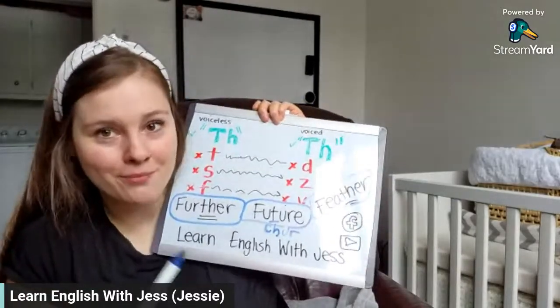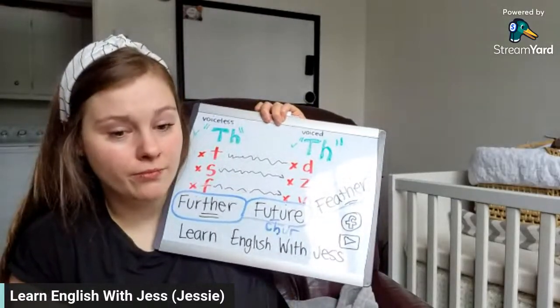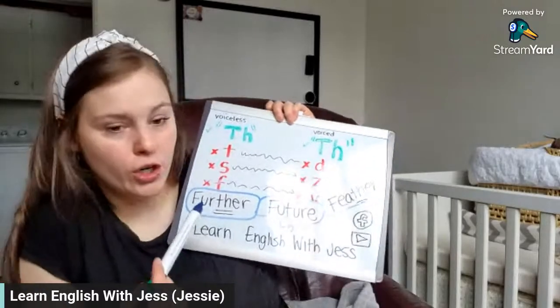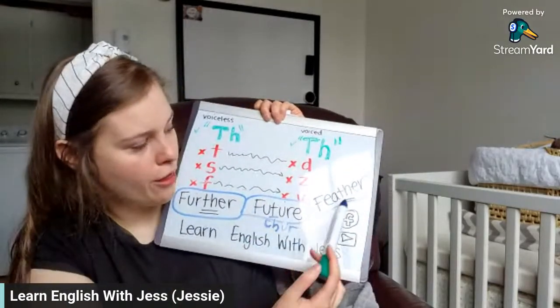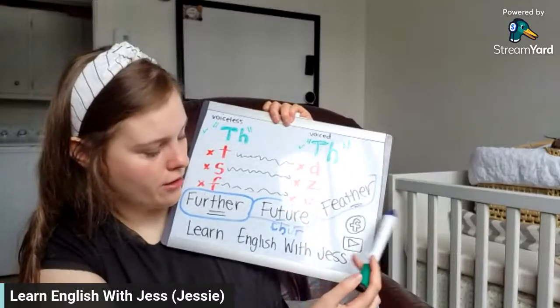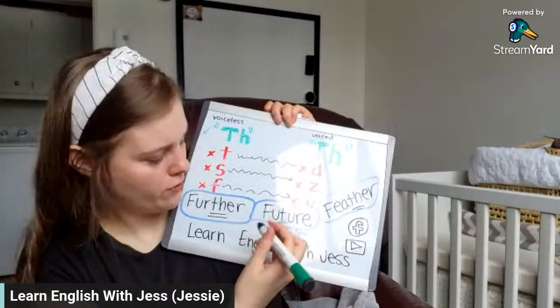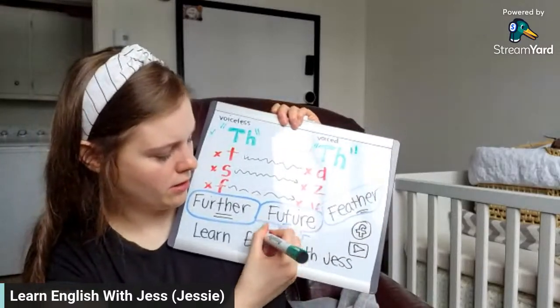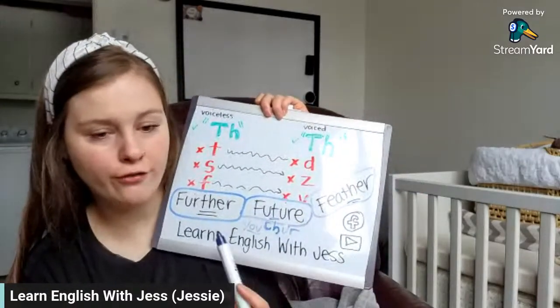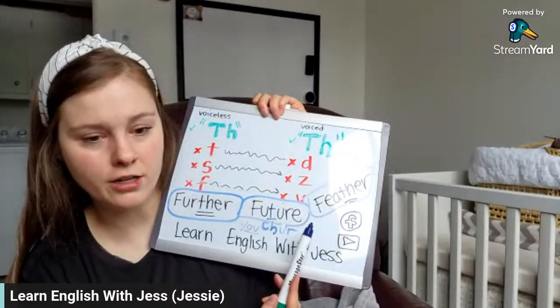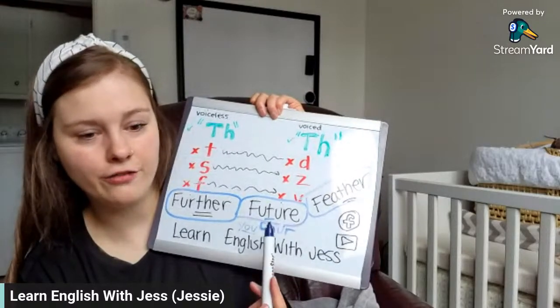So further, future, feather. And few. Few is like, you know, the word you. Future, future. So further, future, feather. Feather, future, further. I'm hoping that helps. It's a really good question.